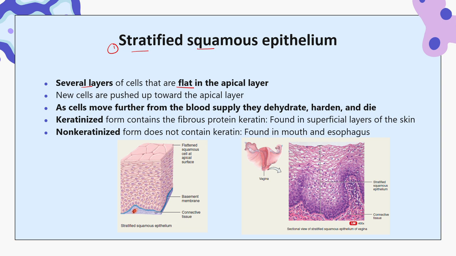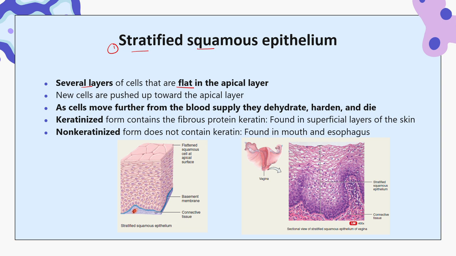And the cells present towards the apical surface will get a lower amount of nutrients, correct? So the cells at the apical region will dehydrate, harden, and then die, as they lack nutrients and blood supply, correct?